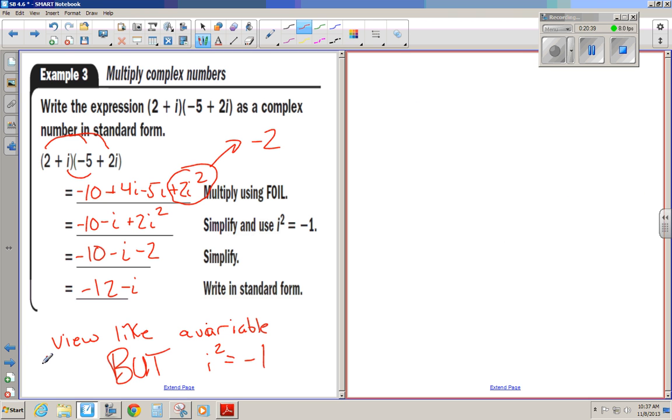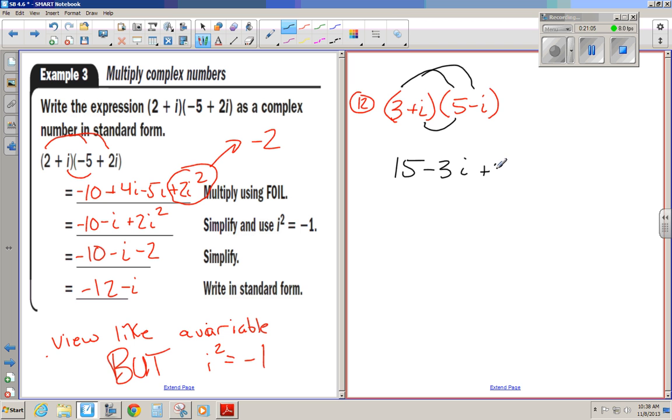Let's jump ahead to a guided practice like number 12. Number 12 is 3 plus i, 5 minus i. And what we're looking at is you're foiling again. 3 times 5, 3 times negative i, i times 5, i times negative i, right there.